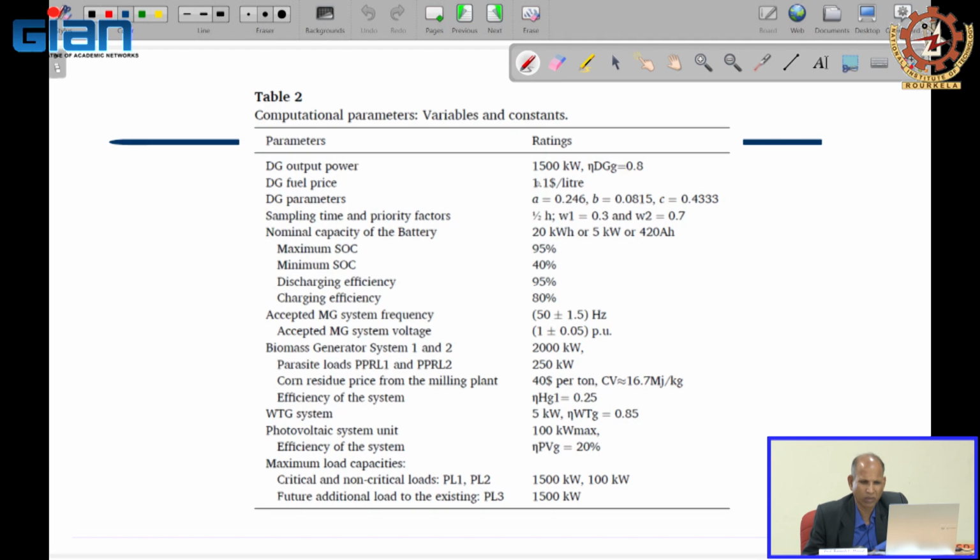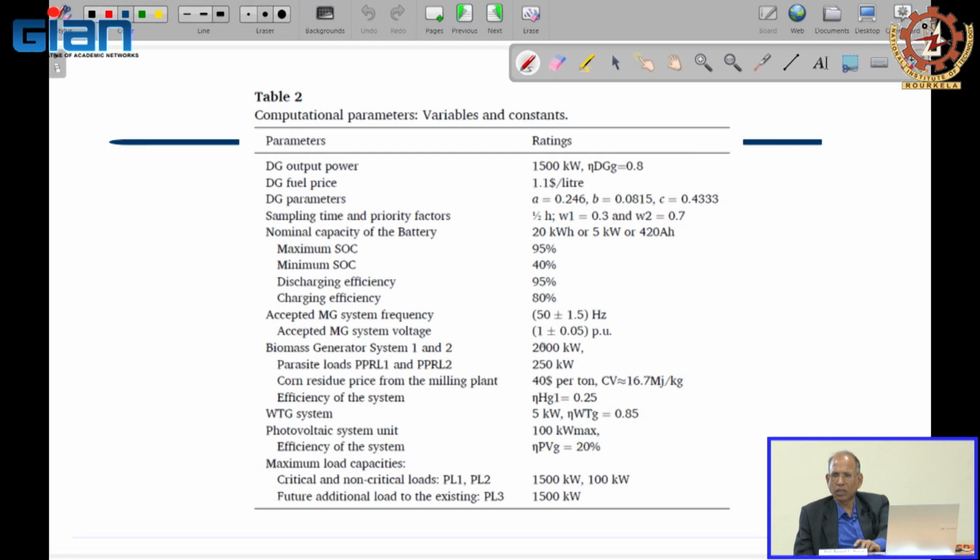Maximum state of charge 95, minimum state of charge 45, charging efficiency 95%, discharging efficiency 80%, accepted microgrid system efficiency, frequency 50 plus or minus 1.5 hertz, voltage 1 plus or minus 0.05 per unit, because in the distribution system we allow voltage variation of plus or minus 5%.